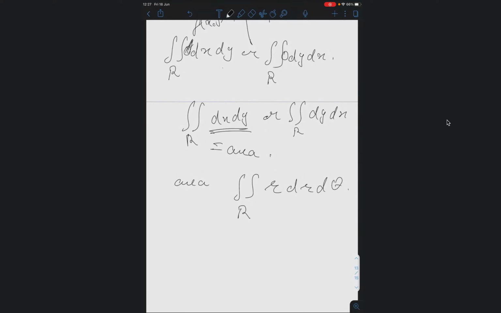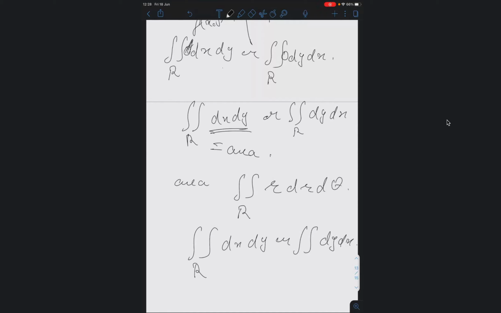Understood? Yes, ma'am. So from now onwards, if they want you to find the area enclosed by some curves, first you need to draw the curves, find the limits and everything. But what you will integrate, you will integrate this thing only. That region you will divide. Find the limits for dx dy, or you can write dy dx. Accordingly, you substitute the limits.